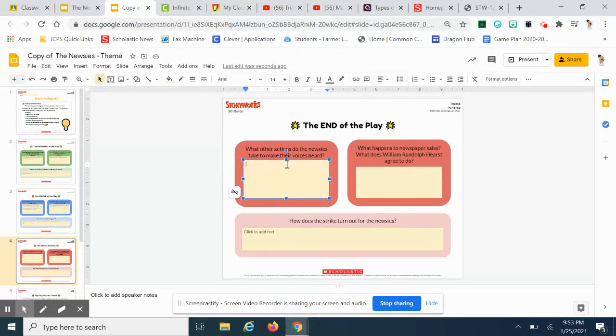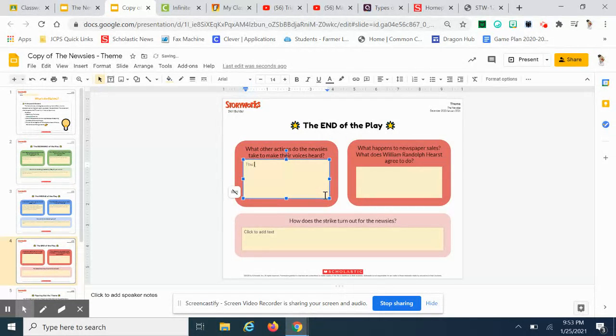The Newsies hand out flyers asking customers not to buy the World or the Journal newspapers and to help them protest, okay? So that's one way, that's an action that they're trying to do to make their voices heard.